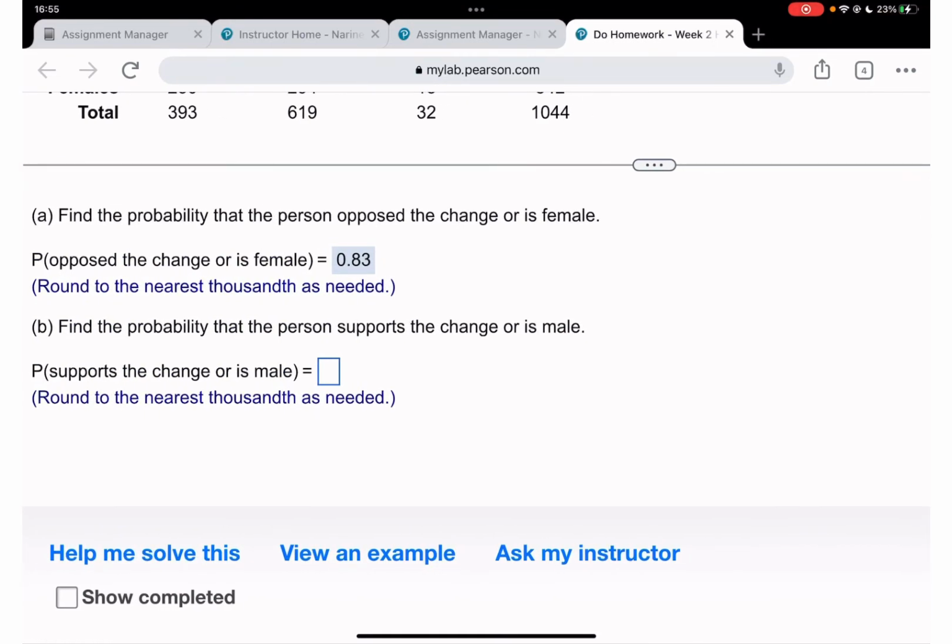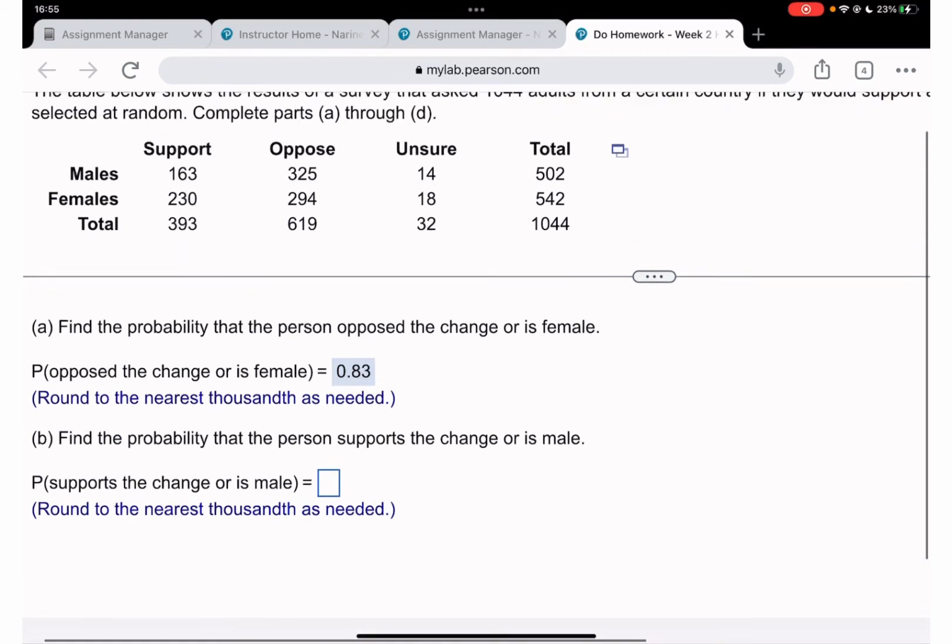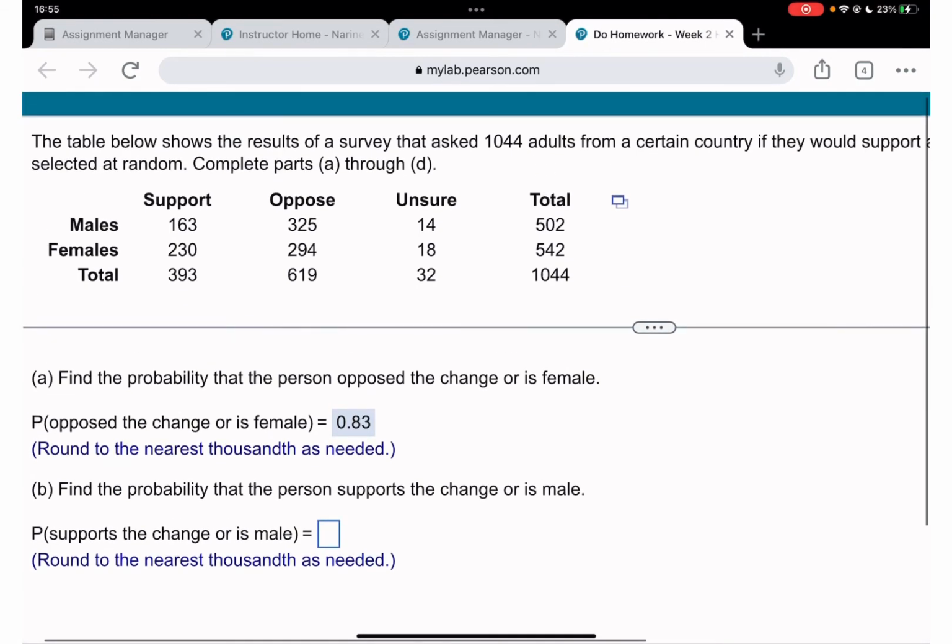Find the probability that a person supports the change or is male. Supporting the change, it's 393 total, 393 over 1044. Or male, how many total males? 502 over 1044.